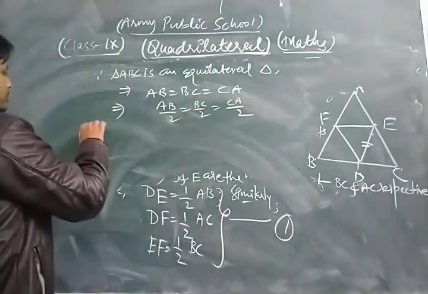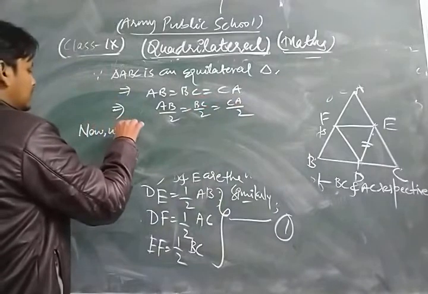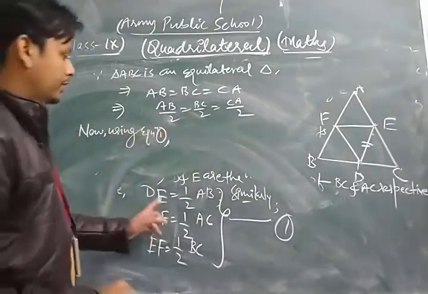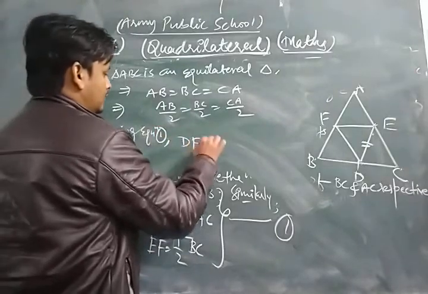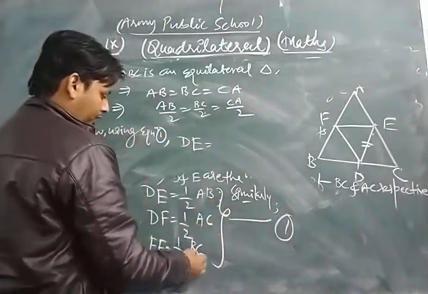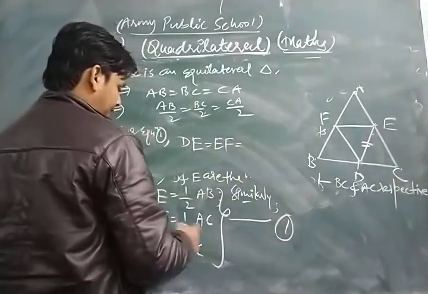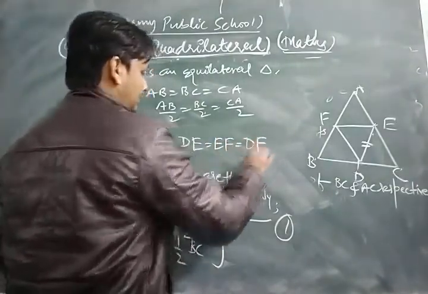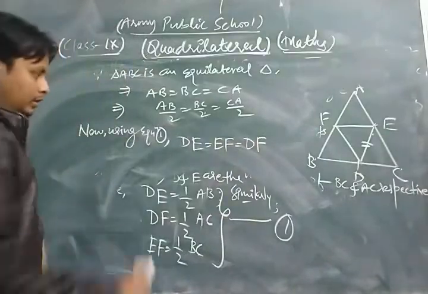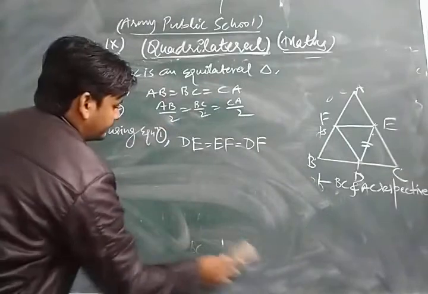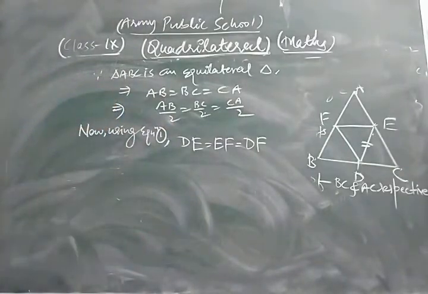Now using equation 1, half of AB is DE, half of BC is EF, and half of AC is DF.